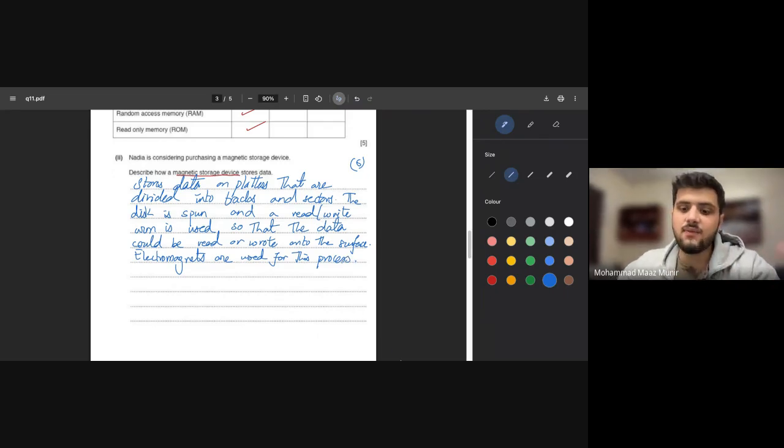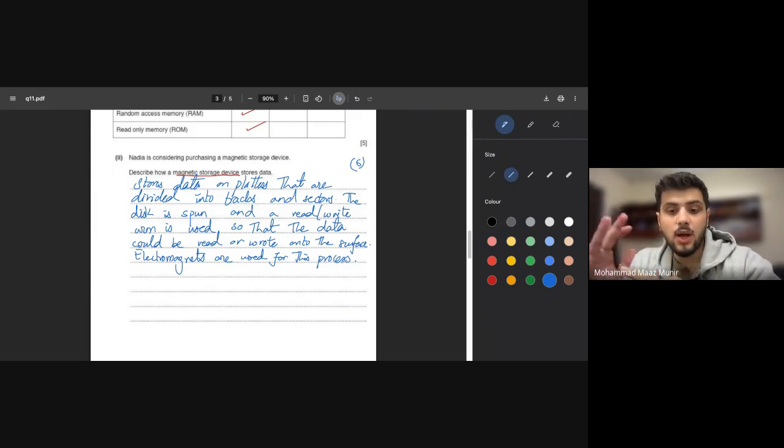Now you have stated 4 or 5 points, but you should also write about one other thing. How many points have we stated? We talked about storage devices having platters that are divided into tracks, then the disk which is being spun, and then a read write arm, that's 4, and then we also wrote how it makes use of electromagnets.